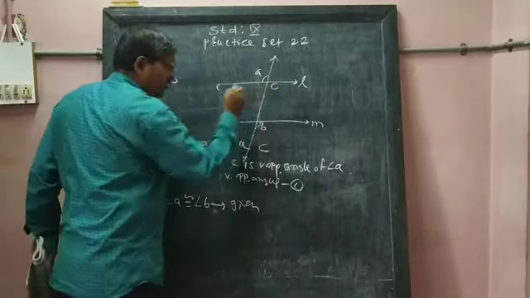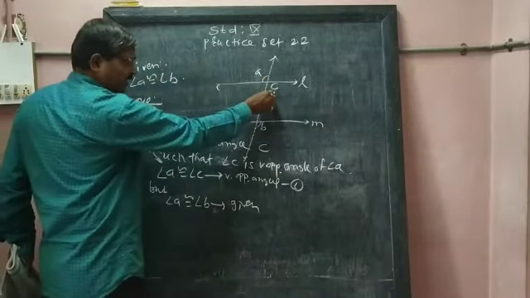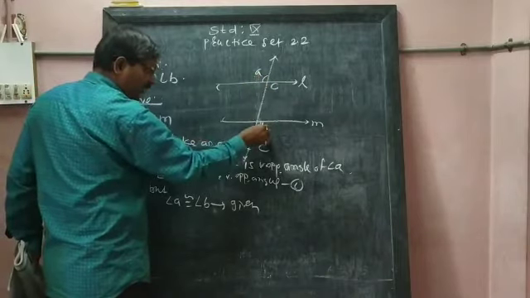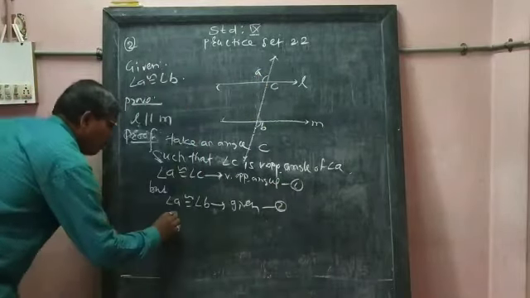So C and A are congruent because they are vertically opposite angles, and A is congruent to B; this is number 2. From 1 and 2, what will you get?